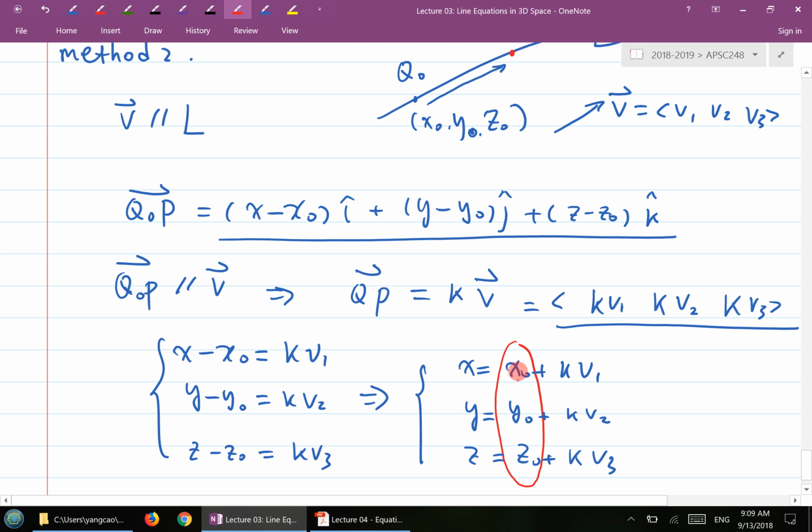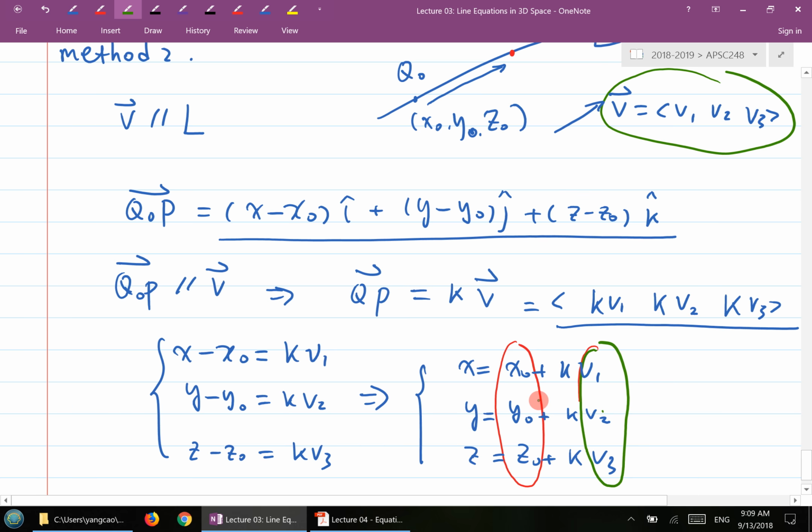Now what about this portion, V1, V2, V3? This comes from the vector V, which is parallel to L.